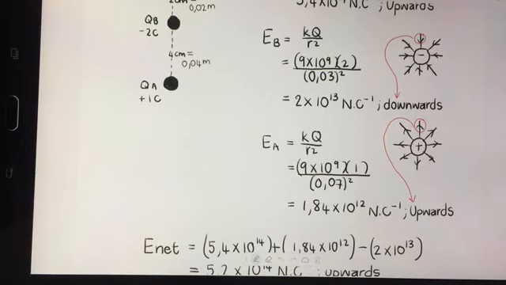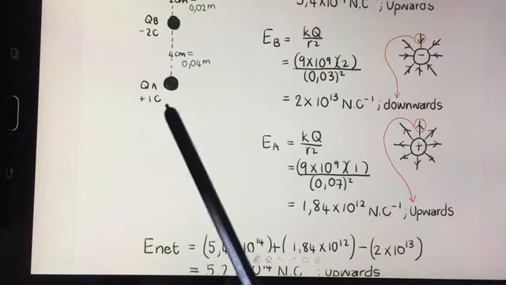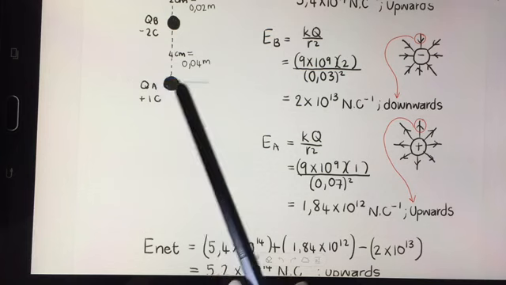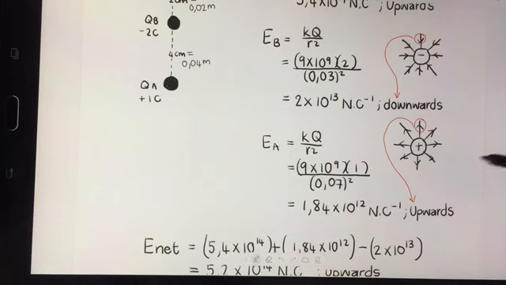So that is where I got the 7 from, which I converted to meters. And that is charge A. The answer that I get is 1,84 times 10 to the power of 12 newtons per coulomb. And what is the direction of the field around charge A? A carries a positive charge, so it is going to be upwards.